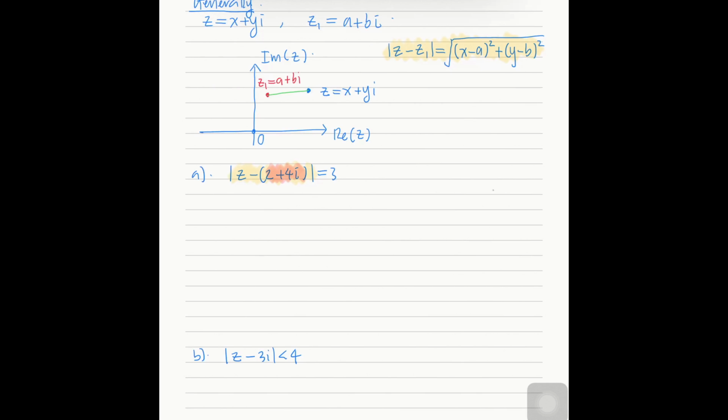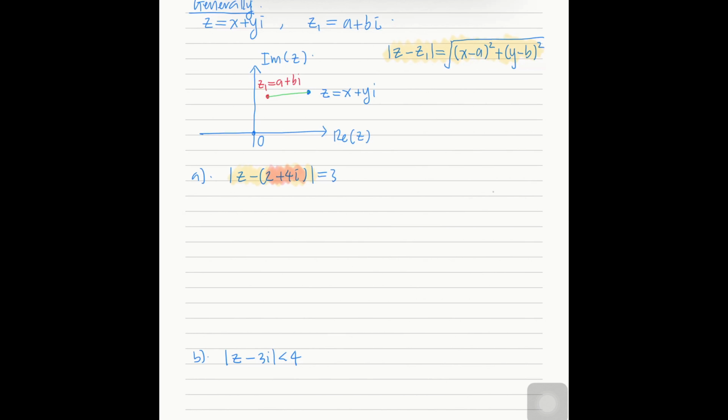In order to see that, it is better for us to rewrite this equation into a circle equation. The modulus can be represented by the square root of (x minus 2) square plus (y minus 4) square. That's how we find the distance, and the distance must be equal to 3.